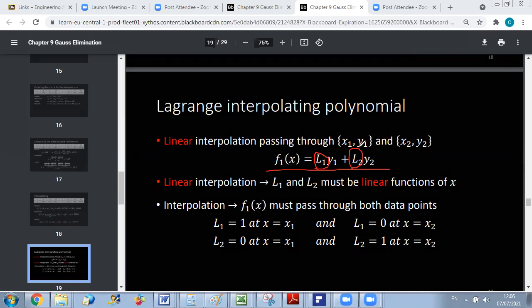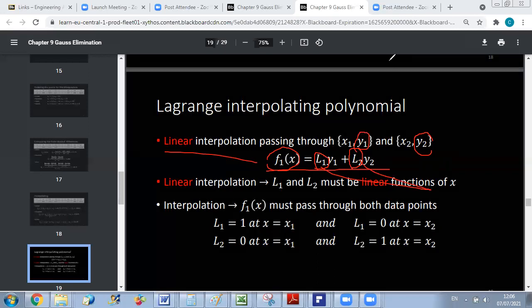Since you have just two points, your interpolating function will be the summation of two functions multiplying y1 and y2. These functions are the Lagrange operators, and they will be linear functions when you do linear interpolation. L1, L2 and L3, let's say, will be quadratic functions if you are doing quadratic interpolation, etc.